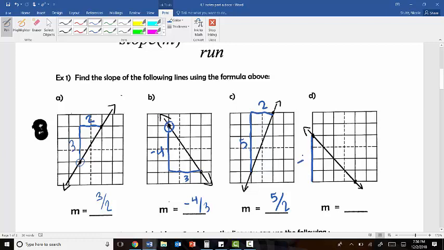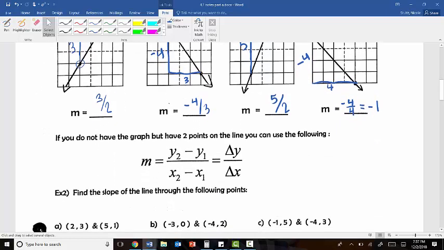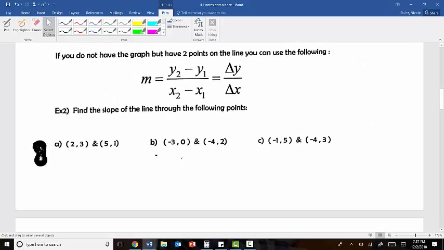So we went down 4, and to the right 1, 2, 3, 4. So we also went 4. So my slope is -4 over 4, and it's always good to reduce your fractions. So we're just going to make that a nice, pretty -1. Getting a slope on a graph is usually pretty easy.